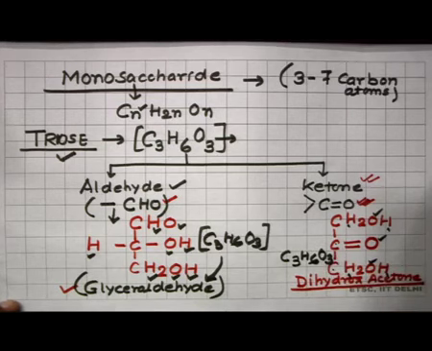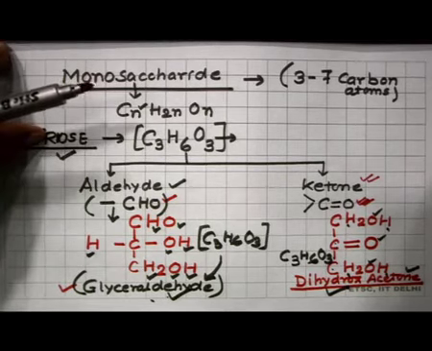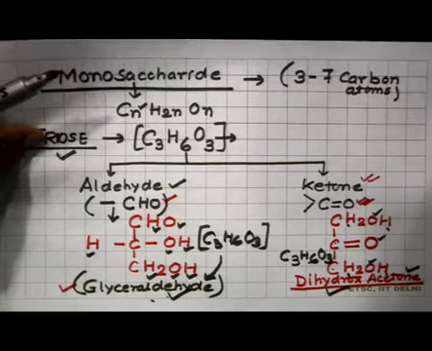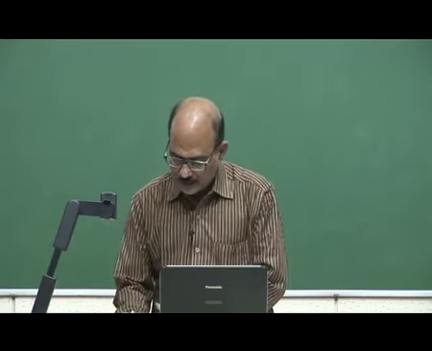So, this is the formula of triose. Two examples, glyceraldehyde and dihydroxyacetone phosphate, dihydroxyacetone. These two compounds are used in the photosynthesis chapter as well as in the respiration chapter. So, you think and write the formula of triose. Next carbohydrate, that is tetrose.